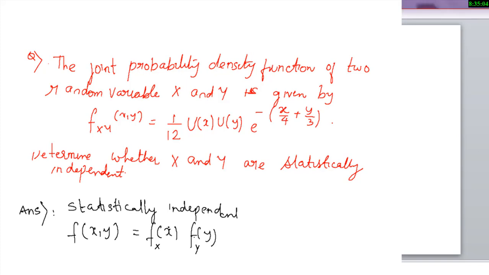So this f of x and f of y are also called the marginal functions of x and y. Let us do the first thing, that is f of x.